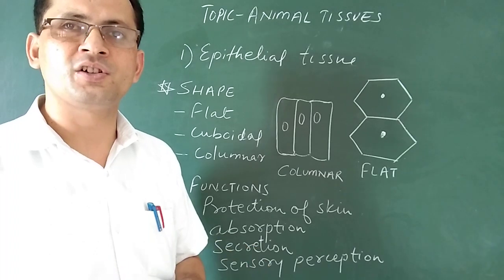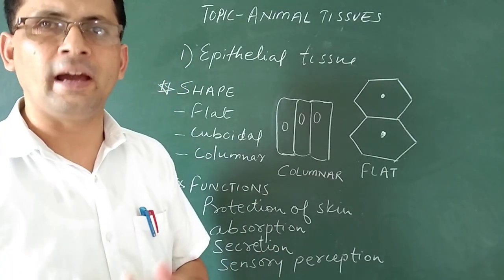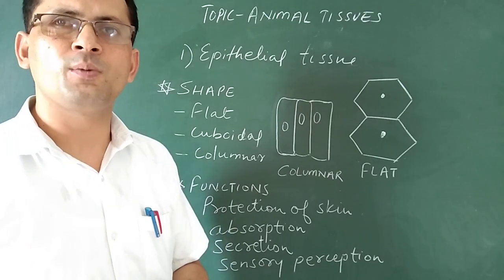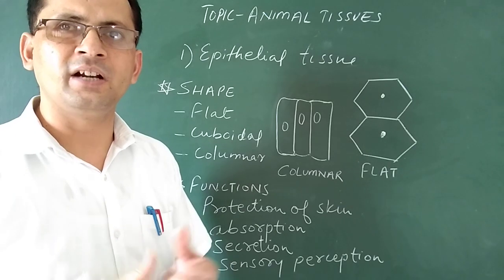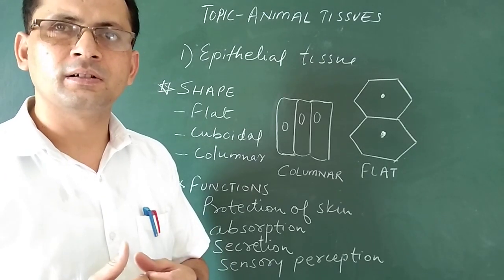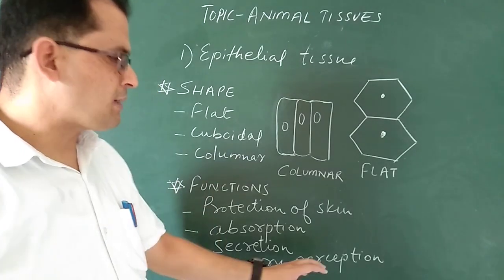It gives protection to the skin, and it is also involved in absorption and secretion. As in the small intestine, it helps in the secretion of digestive juices. Then sensory perception.